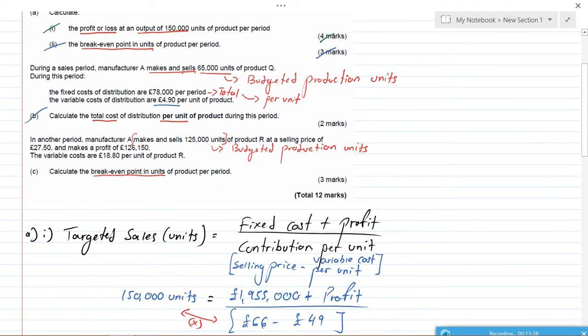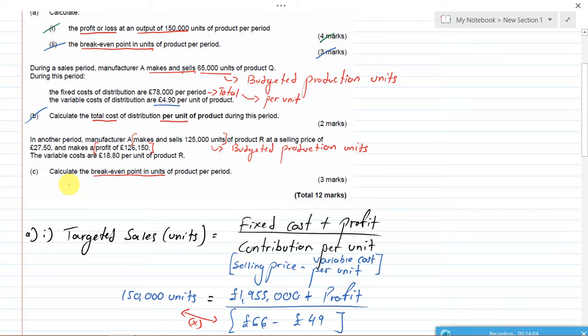So selling price is 27.5 and it makes a profit of, look at this. They gave you what? Profit of 126,150. They gave you profit. Variable costs are 18.8 per unit. So what is the missing value? The missing value is your fixed cost. Your missing value is your fixed cost.